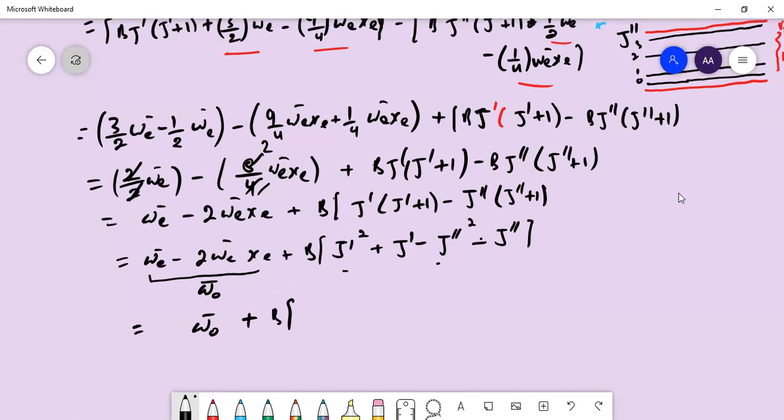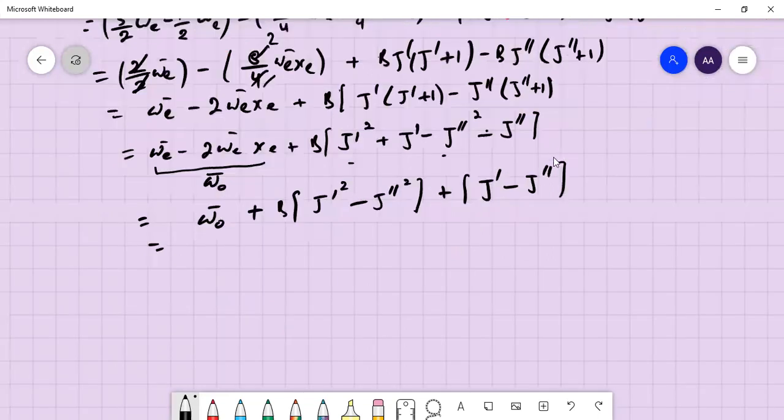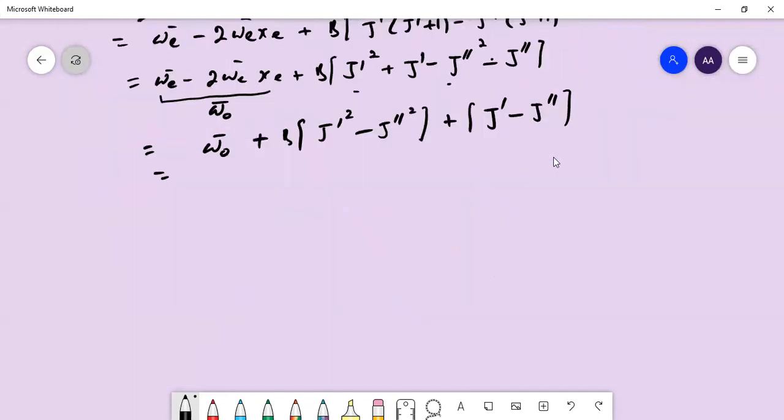What I will do is I will combine the square terms, that is J' square minus J'' square plus J' minus J''. So further solving this equation, what we can get here is I can write omega naught bar as such.